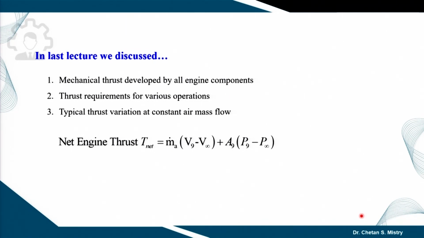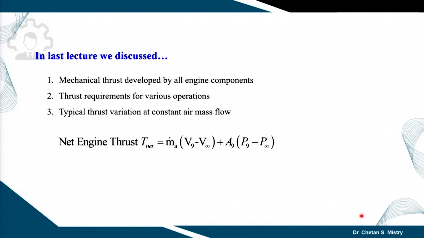We have realized the maximum amount of thrust is required for the takeoff condition, because unless you have a sufficient amount of thrust, you cannot lift off your aircraft. If we look at the cruise condition, we are looking for the minimum amount of thrust, and during landing it is slightly less than the maximum thrust.